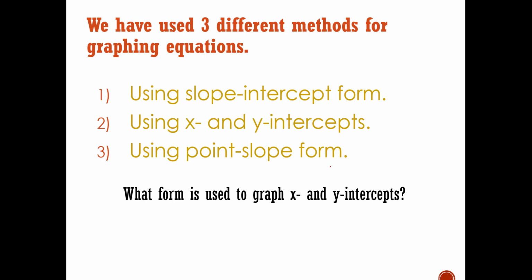And which form is used to graph with x and y intercepts? The answer to this would be the standard form, which is here. This is the most convenient to use x and y intercepts, just graphing the standard form of the linear equation.